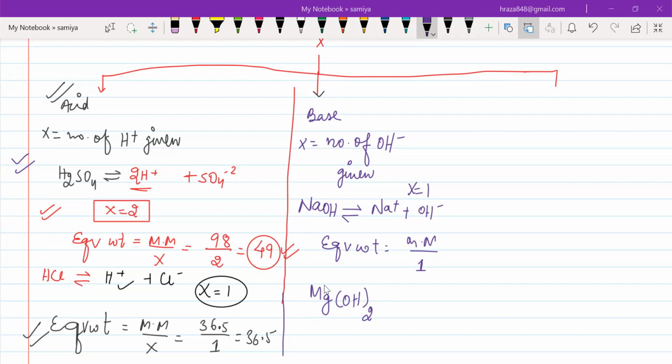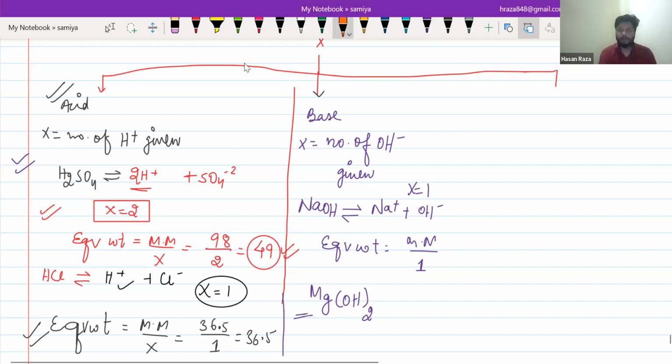Very good. Ayman, can you tell me? Samia, what is the value of X for Mg(OH)2? For a base, X is equal to the number of OH minus given.